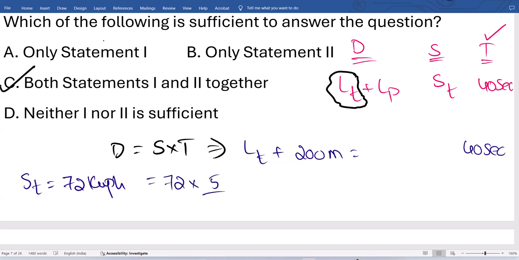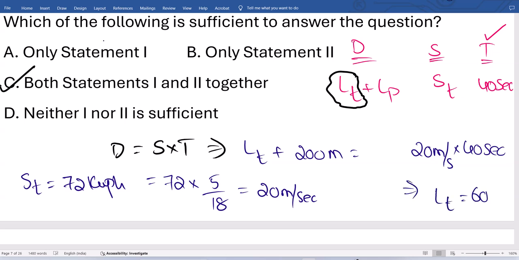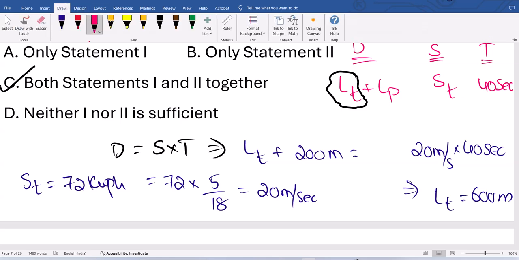We have to multiply by 5 divided by 18. Conversion to meters per second, then it is 20 meters per second. Then 20 into 40. So the length of the train will be 600.